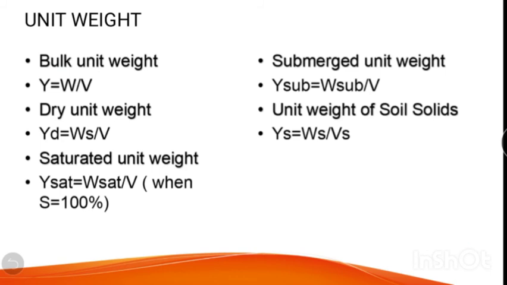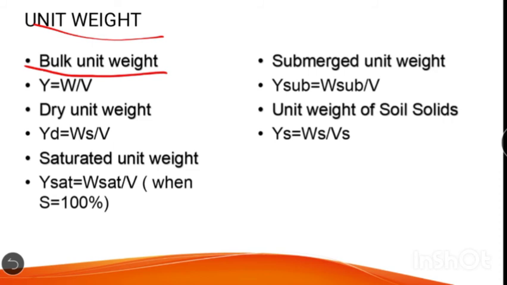Now moving further, unit weight. I already told you the unit weight of water. There are simply 5 different unit weights. Don't confuse between these terms; I am going to clear all of them. First is bulk unit weight. Bulk you can understand as whole. When bulk comes, you understand the concept of whole.